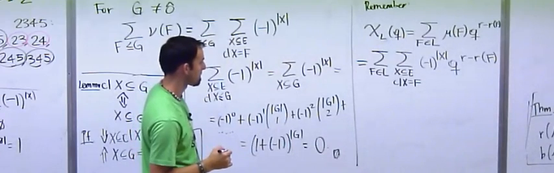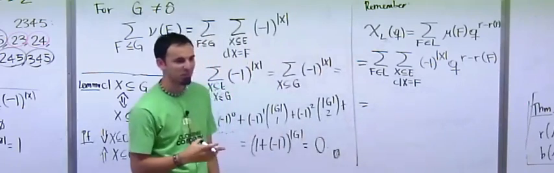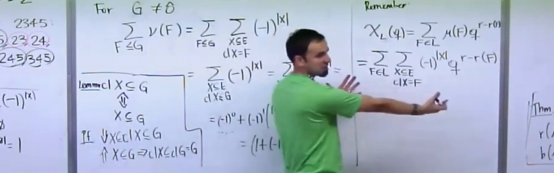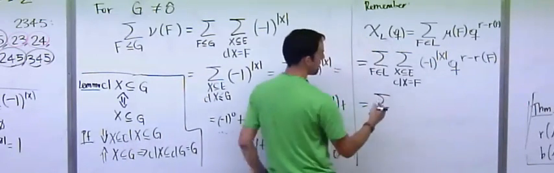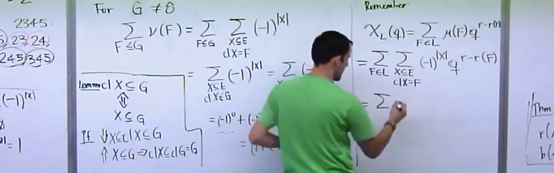Okay. Giving a lot of practice with these double summations where we keep doing the same thing every time. Write a big summation, invert the order of the summands. So now, what is it that I'm doing? First I sum over f, and then I sum over x. Well, let's just switch the summation.